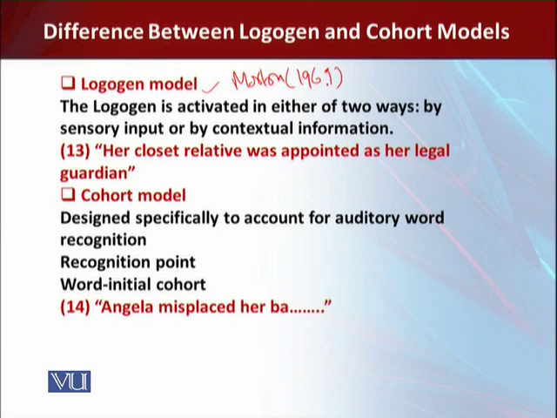In this model, each word or morpheme in the lexicon is represented as a logogen, which specifies the word's various attributes: semantic, orthographic, phonological, and so on. The logogen is activated in either of two ways, by sensory input or by contextual information. So these are the two ways through which this logogen is activated.